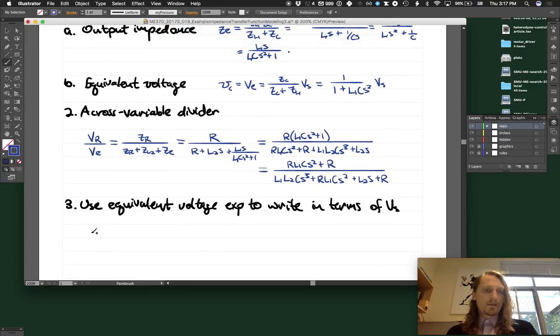So we have VR over, it's VE, but we plugged in this term, so we're going to say VS, and we're going to multiply both sides by this, so it cancels out on the left-hand side.